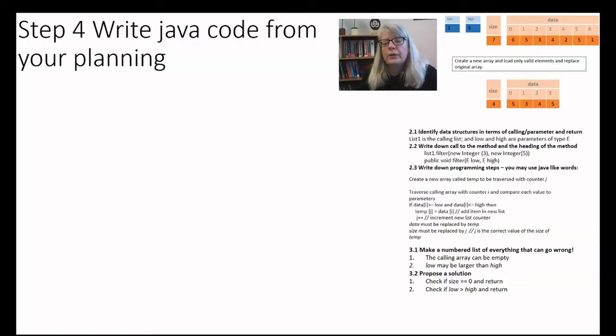Now we are ready to write the Java code. The best way is to get everything you've done together. We've drawn the diagram, we've figured out all the headings of the method and how we will call it. We've written the code actually very close to Java but not quite Java, and we made a list of all the special cases.